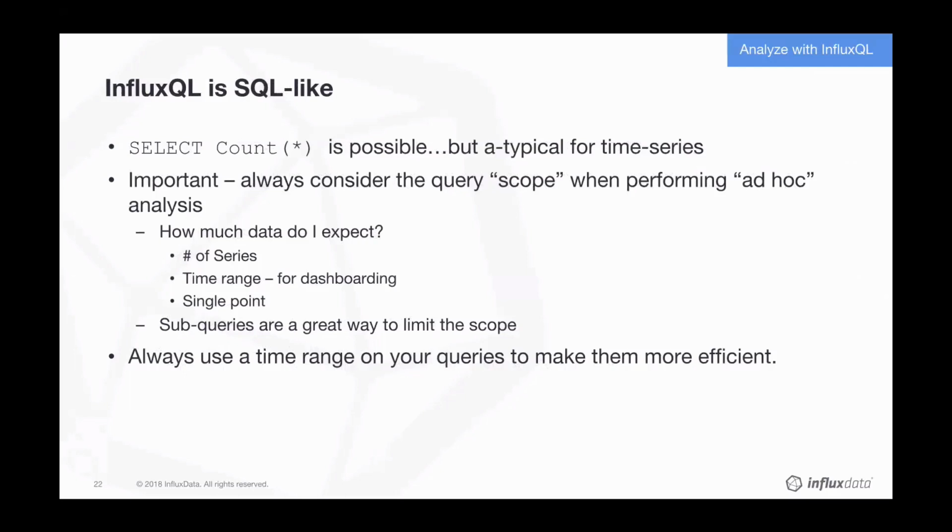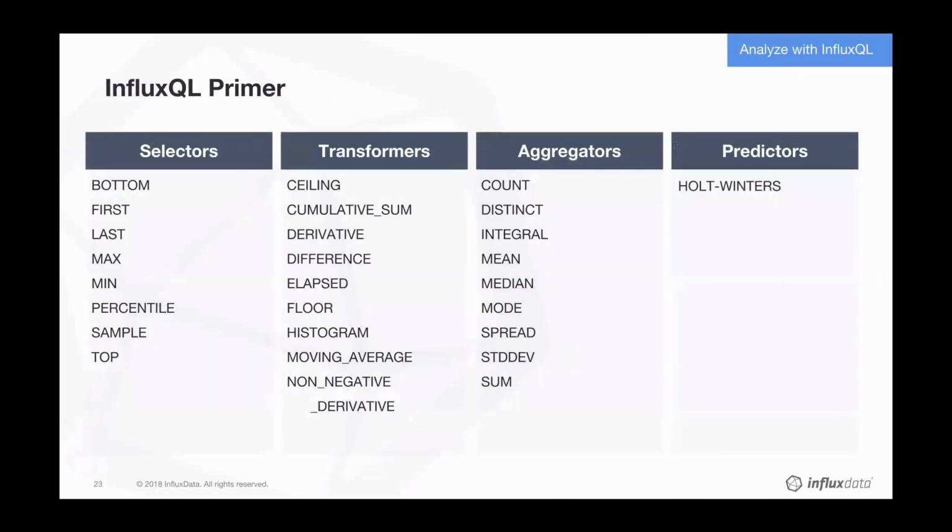You can do that by grouping by a certain tag, which will limit it, or it's a good idea to say LIMIT 100 when you're first investigating to make sure that you successfully gathered data into Influx. Alternatively, you could limit your scope by limiting your time range. Always include a time range so that you're not stuck in purgatory while Influx is trying to look at every single point that you've written.